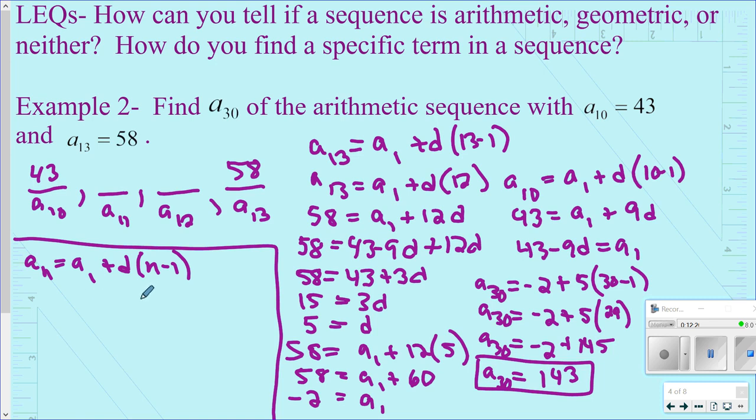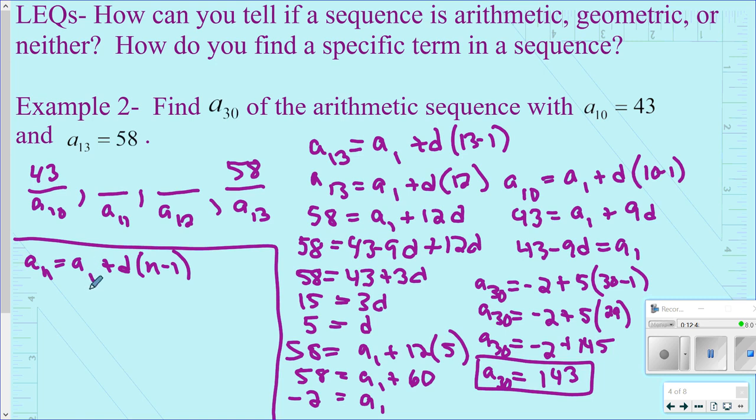The reason that it took so many steps over here was because I didn't know what d and the first term was. So I had to figure both of them out. So I had to figure out what d was, then I had to figure out what a sub 1 was, then I could figure out a sub n, the term that I wanted. And it just took several steps.